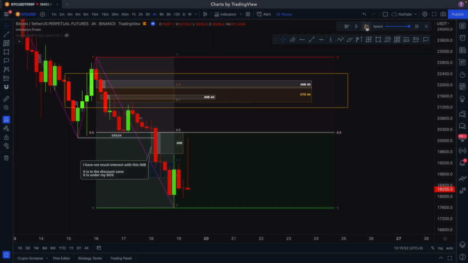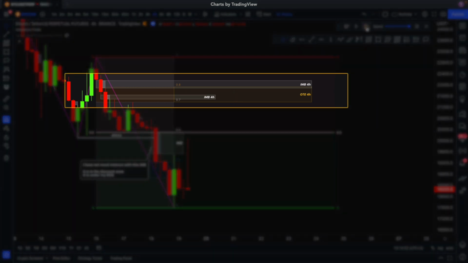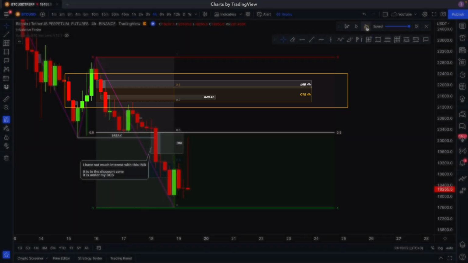Secondly, I determine possible imbalances and my OTE area for the best possible price levels.